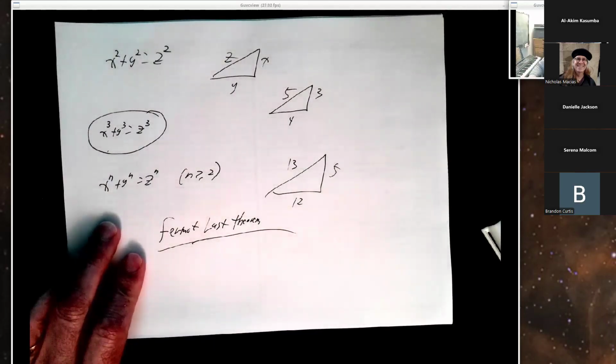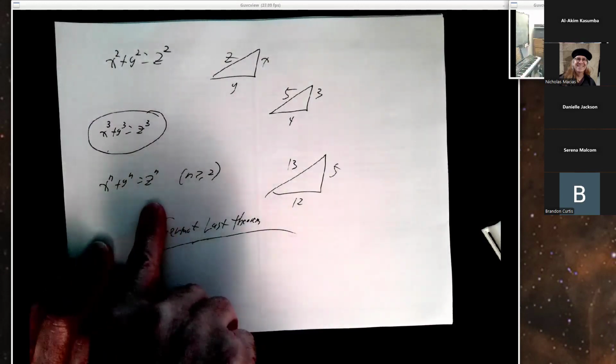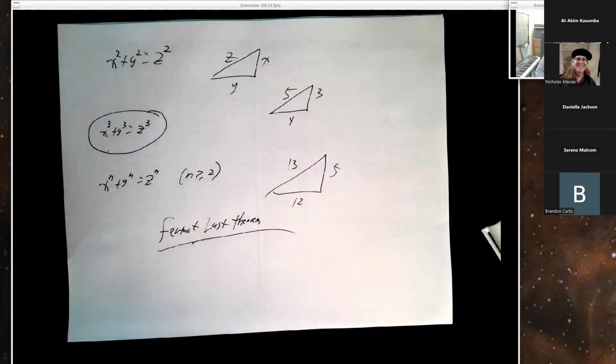And the proof that finally showed that this is not solvable is wild, insane, difficult. And it uses all kinds of machinery from largely an area called algebraic geometry and elliptic curve theory and all kinds of bizarre stuff that Fermat probably did not have access to.